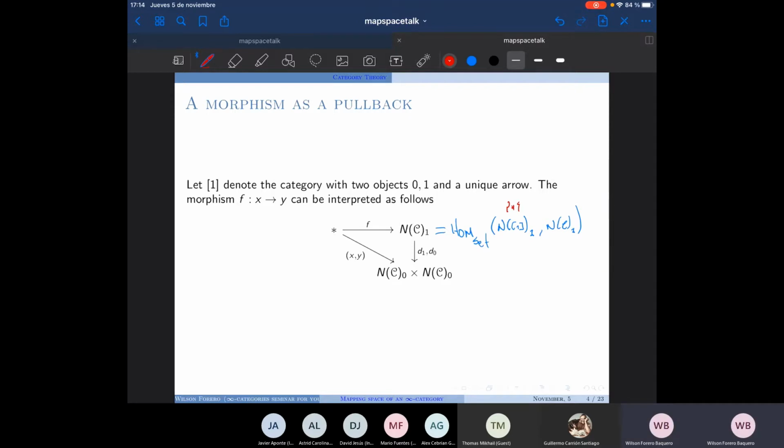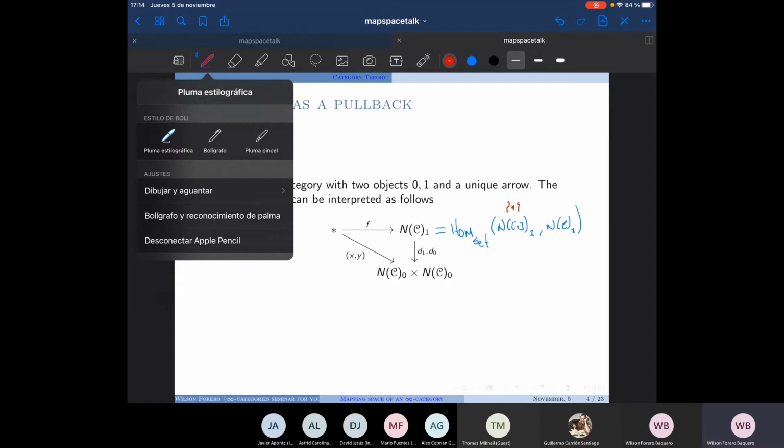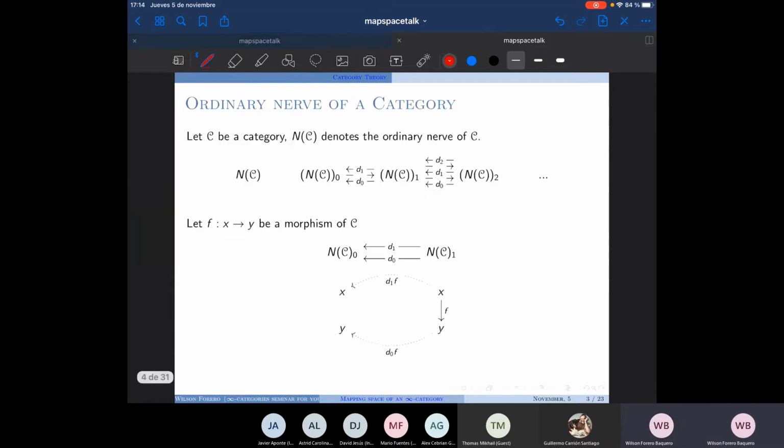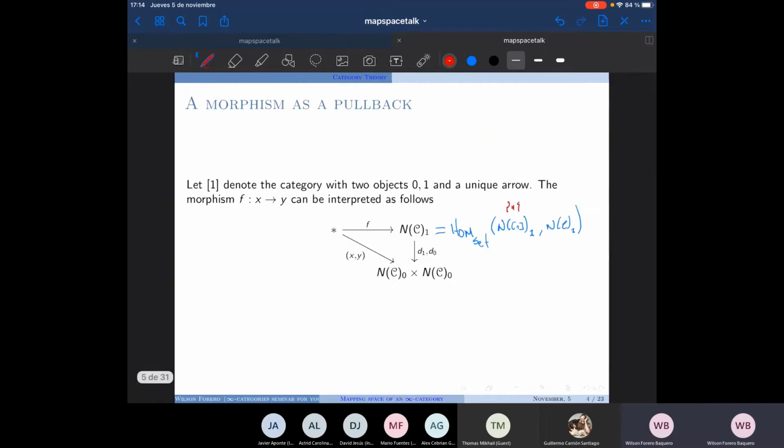So this construction is the same as this diagram.